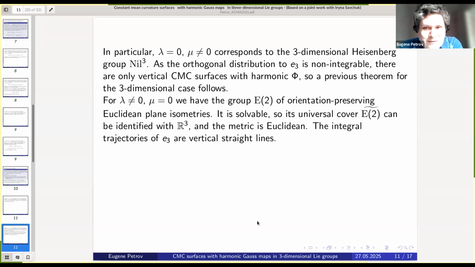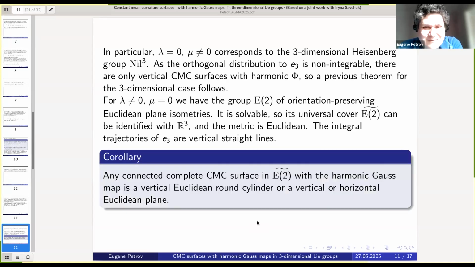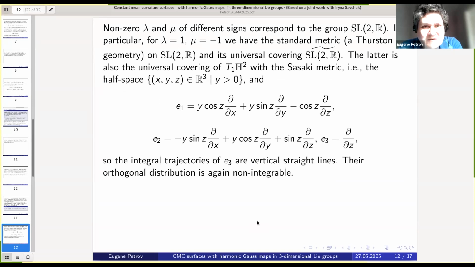And so it's a Euclidean space, but with non-standard group structure, and so non-standard Gauss map. And this Gauss map is not very good because connected complete CMC surfaces with the harmonic Gauss map are only Euclidean round cylinders or vertical or horizontal Euclidean planes in this case.